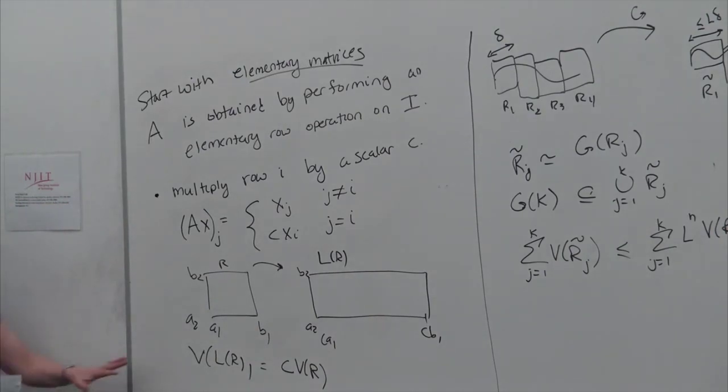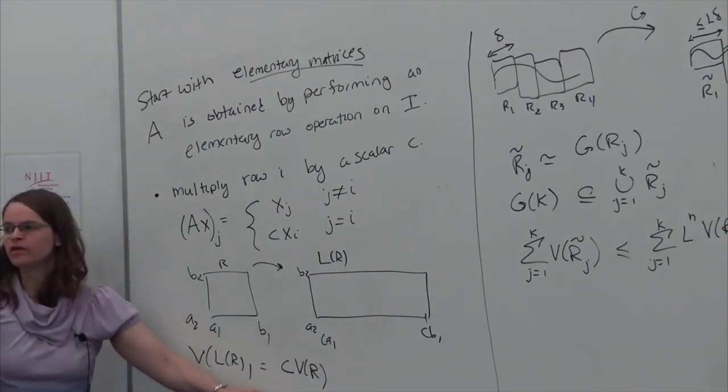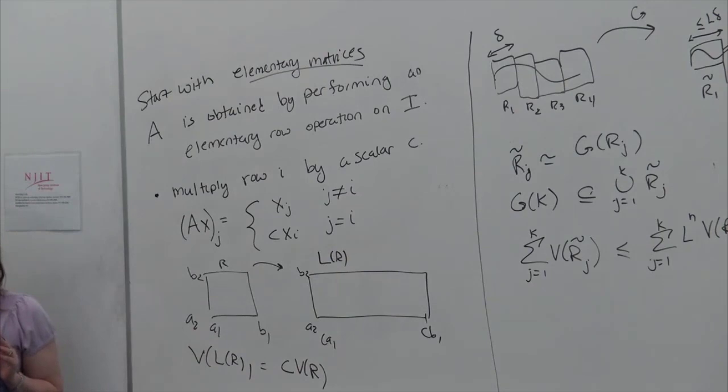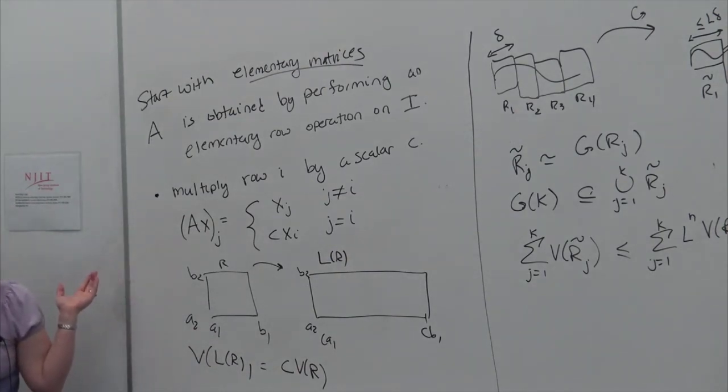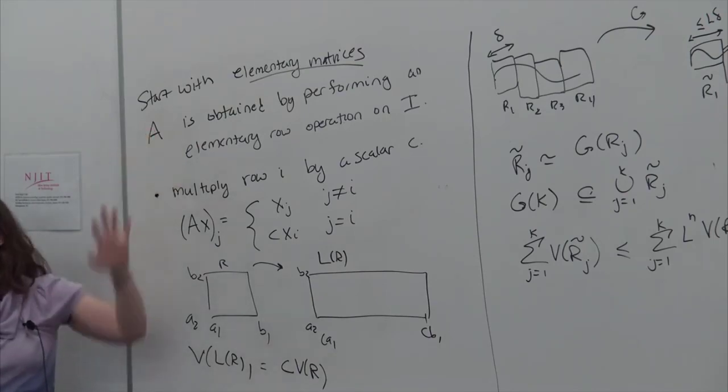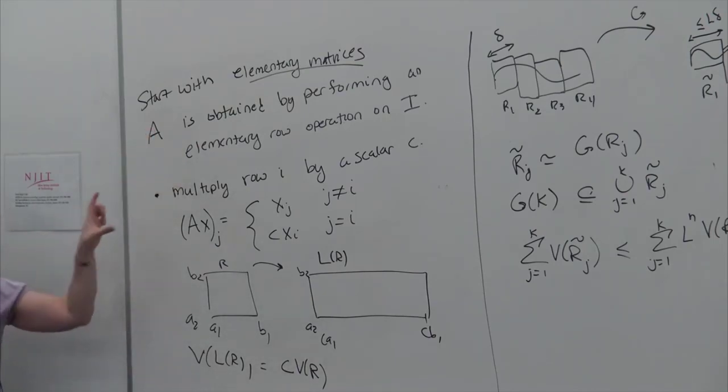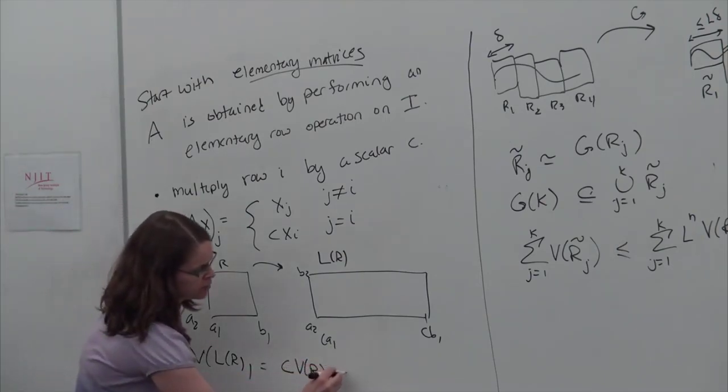All right, and this scaling factor is encoded in the matrix. It's encoded in the determinant of the matrix, actually, right? The determinant of the identity matrix was 1. Now, we've changed one of those entries to c. The determinant became c.